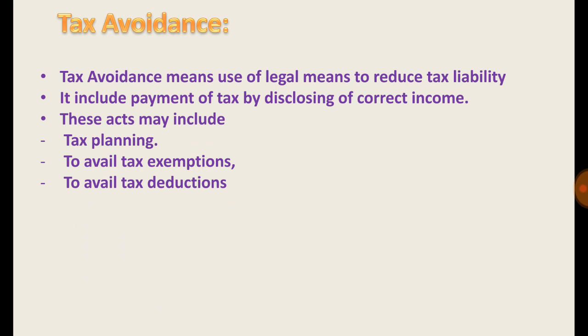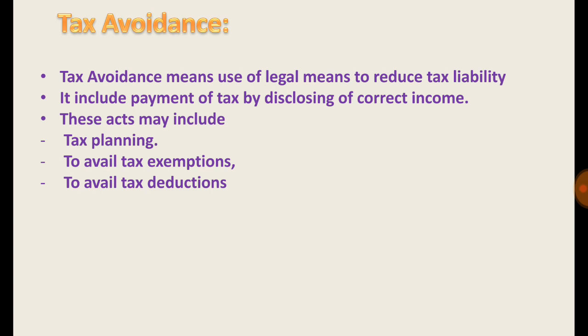Then to avail the tax exemptions, generally any act provides the exemptions, and it exempts certain income or certain amounts from tax liability. If you see this with special reference to Income Tax Act 1961, it provides the exempted incomes. So when a person avails such exempted incomes, tax liability can be legally reduced.